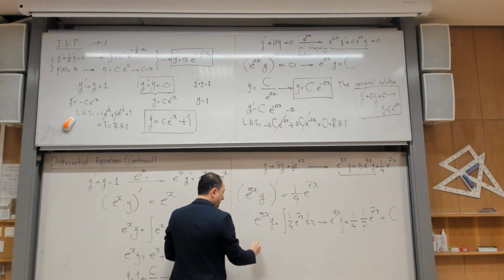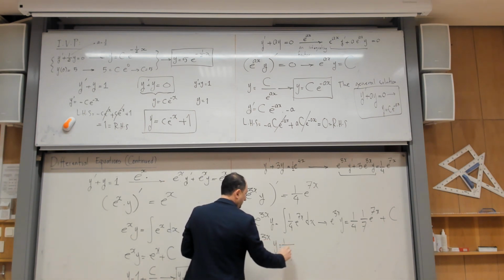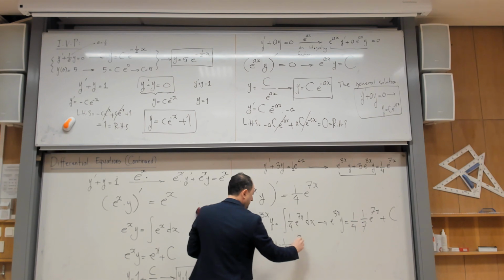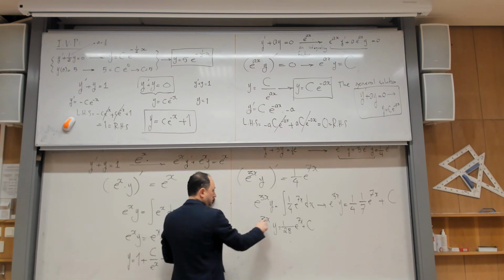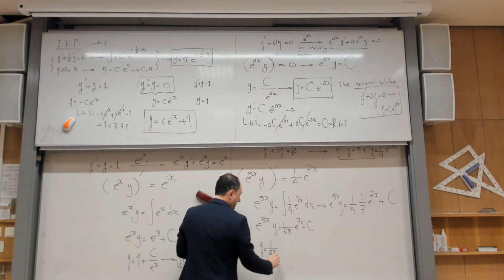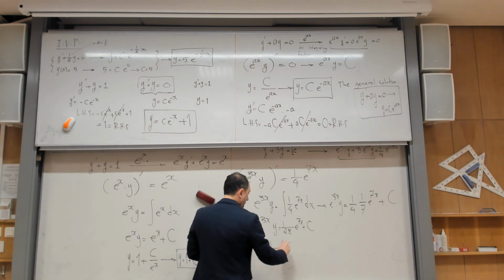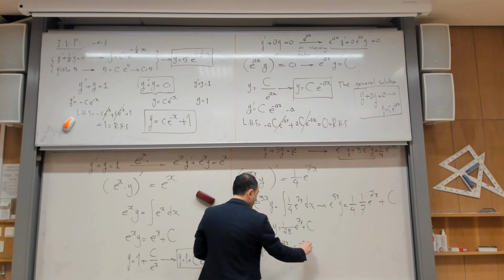So e to the power of 3x y is 1 over 28 e to the power of 7x plus c. And I want to make y alone, so I divide everything by e to the power of 3x. This becomes 1 over 28 e to the power of 4x plus c e to the power of negative 3x.